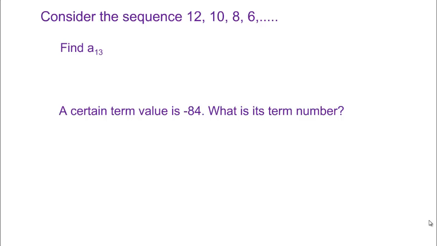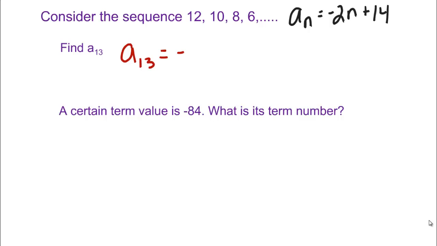Let's continue with the same sequence. This is the same sequence that we saw on the previous page: 12, 10, 8, 6, etc. In fact, I'm going to remind ourselves that our explicit formula was -2n + 14. That's the simplified one. Let's find A13. Well, I have our rule for the nth term up in the top right.